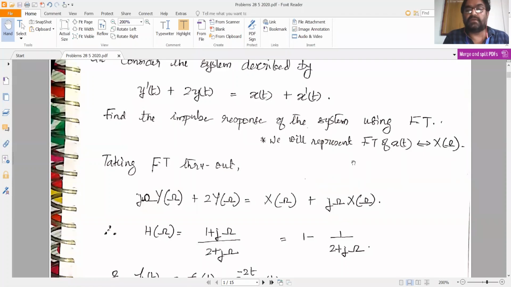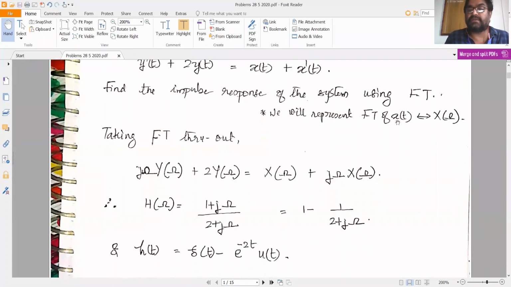So we will be using the representation x of omega to represent the Fourier transform of x of t. I have used a capital omega to refer to a continuous frequency, and small omega to represent the discrete frequency, which we'll be seeing in the next two modules.